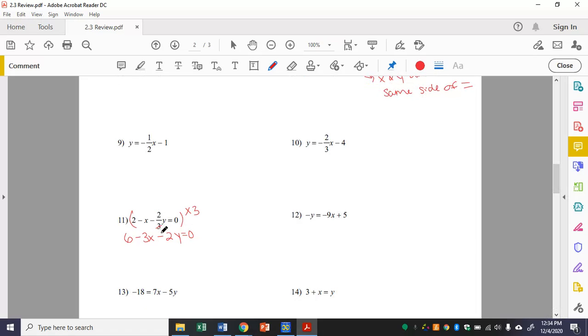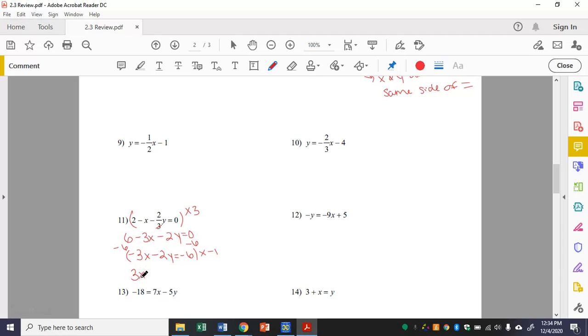I notice that x and y here are already on the same side of the equal sign. So I'm going to take care of this by subtracting my 6. That's going to leave me with negative 3x minus 2y equals negative 6. And then I notice I have this first term negative. We always cancel something out by multiplying, so to cancel out that negative, I'm going to multiply by negative 1.